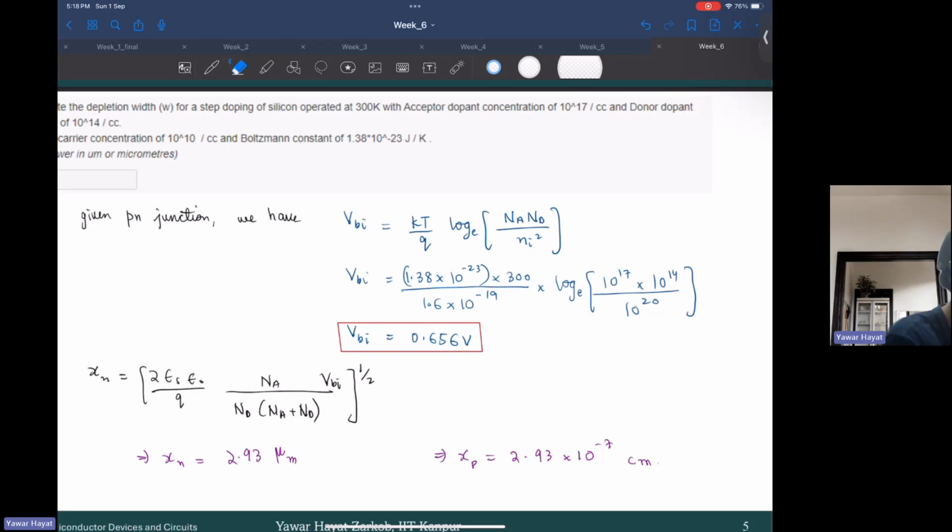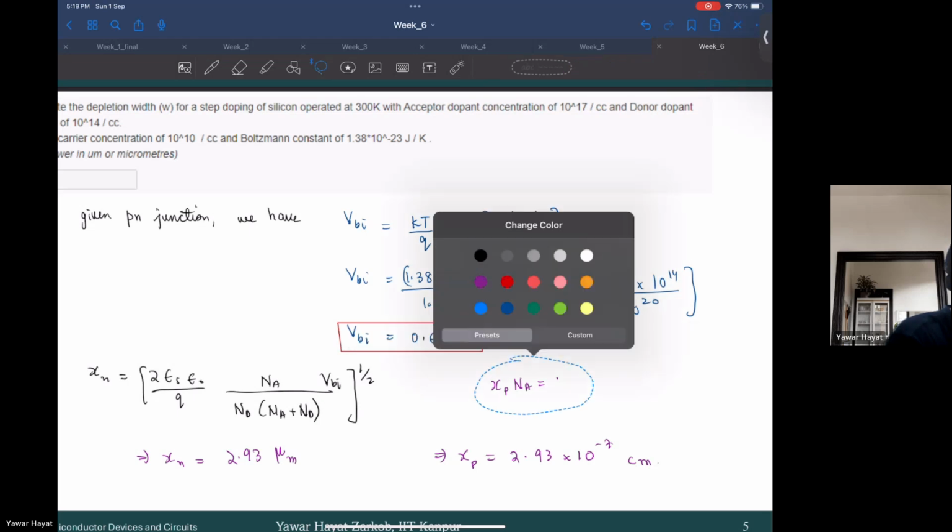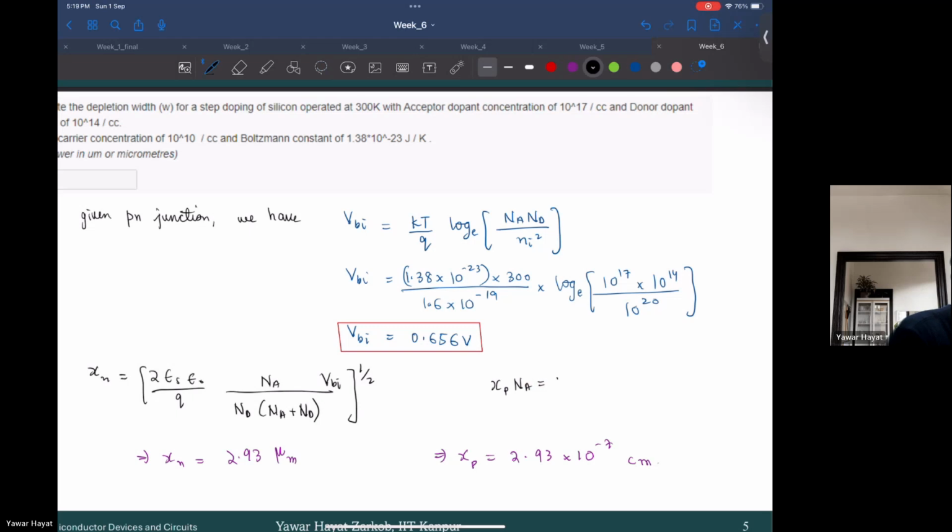Once we determine Xn, we can use the charge balance: Xp times Na is equal to Nd times Xn. And this would give Xp as Nd by Na times Xn.